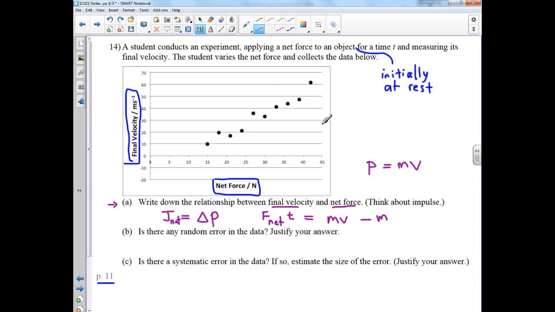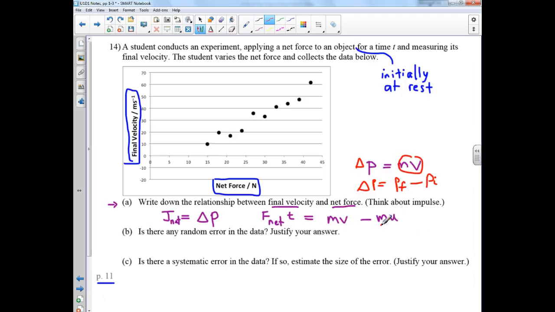Okay. Now, there's the equation. How did I get this, final minus initial? Well, every delta, every change in, is final minus initial, P final minus P initial, and so I just did the final mv minus the initial mv. So that's how I got there.